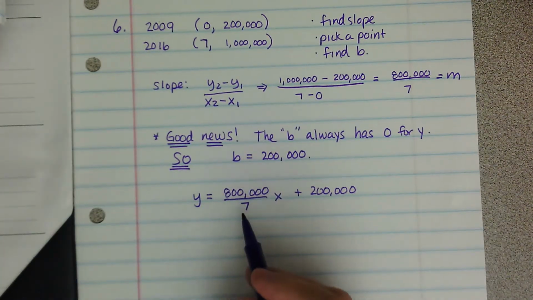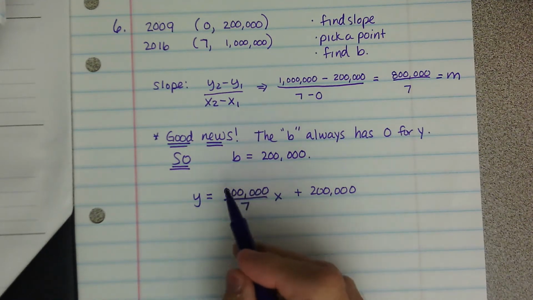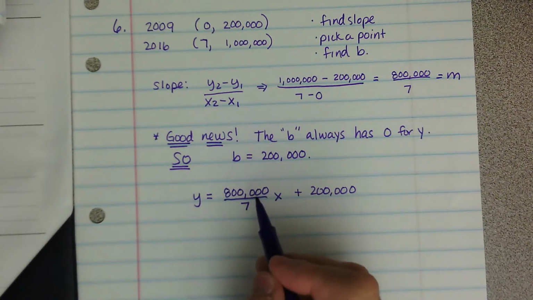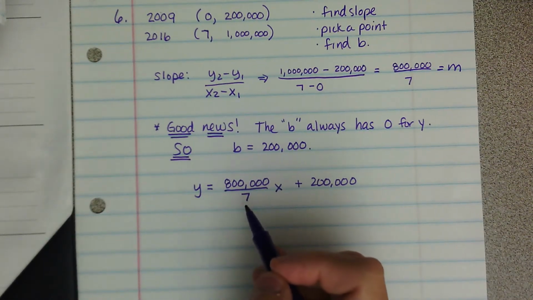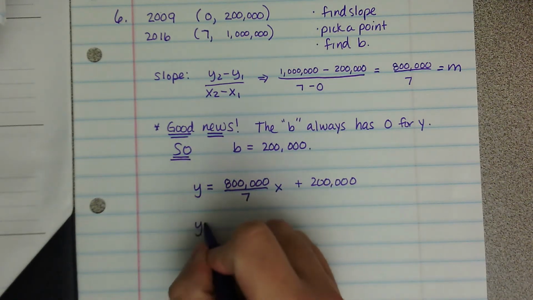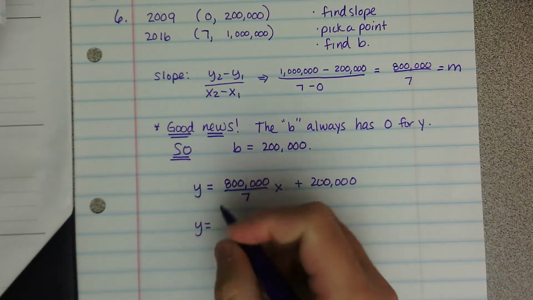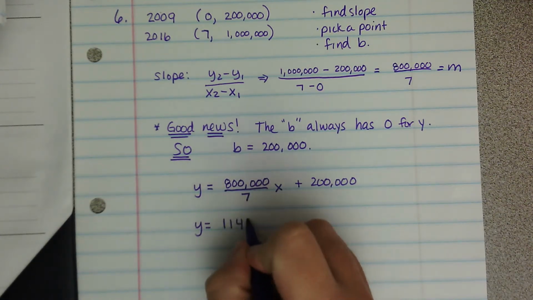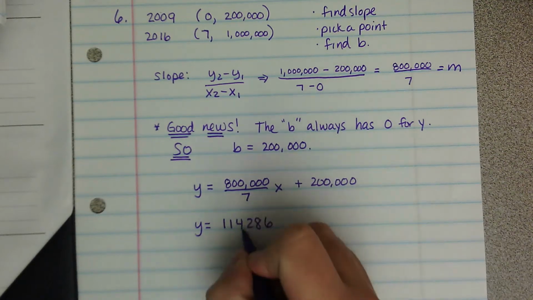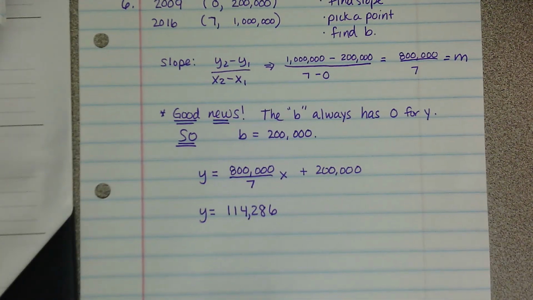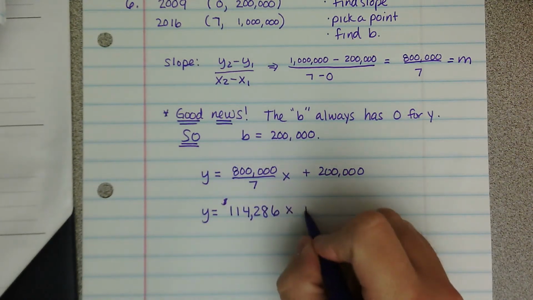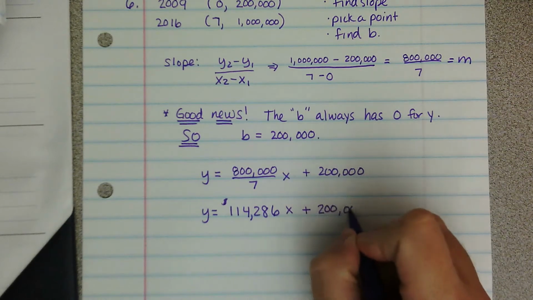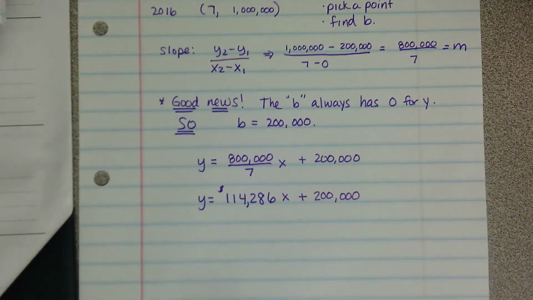So what the slope represents is the amount of money for the amount of years. So if I want to know how much money the company is making in income per year, I have to divide those. And when I divide that, I get something real crazy, like approximately $114,286 per year, where they started at 200,000 as their base model money.